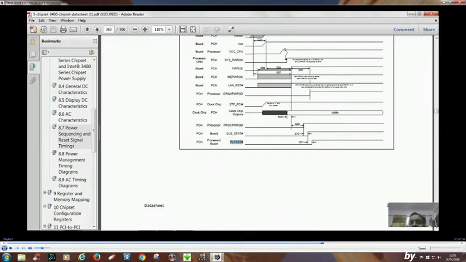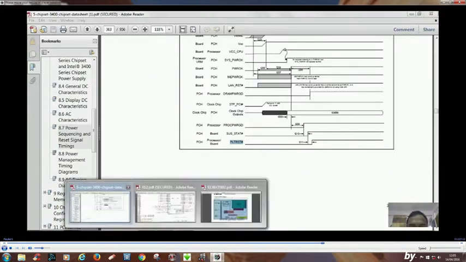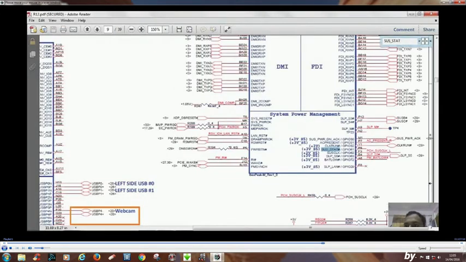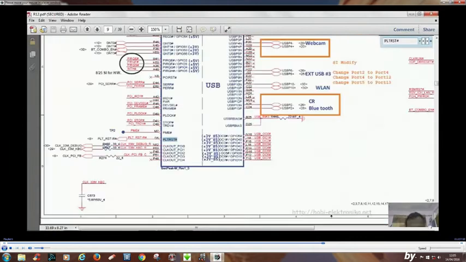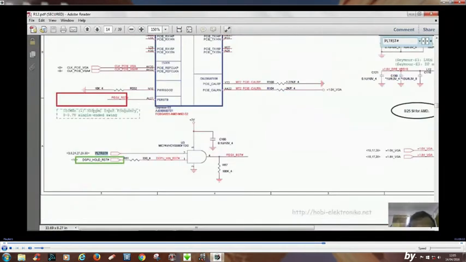Similarly, PLT reset is the final reset, platform reset. So PCH will generate PLT reset, and you can see over here this PLT reset is fed to an AND IC.